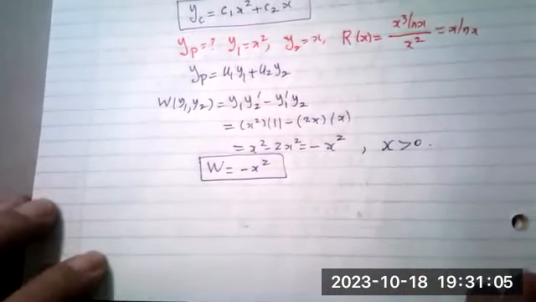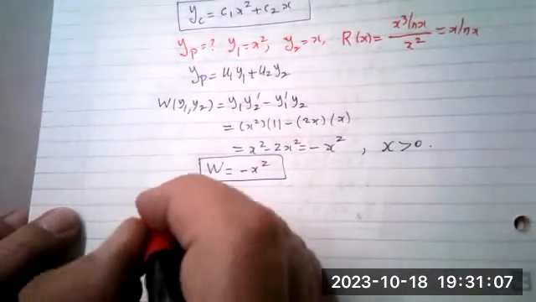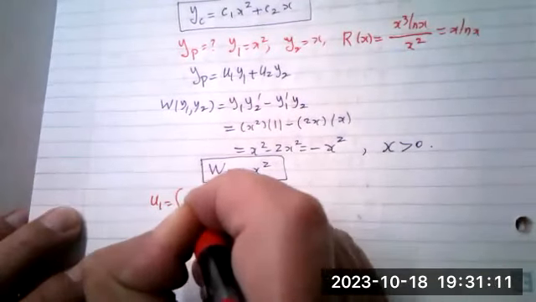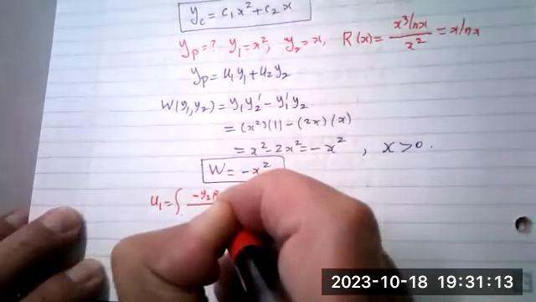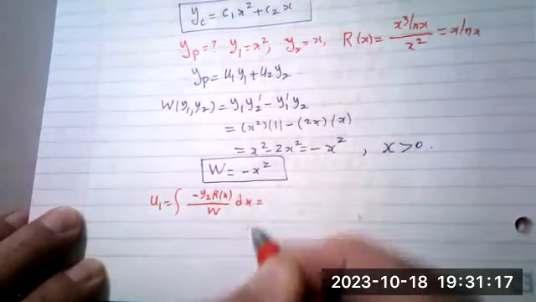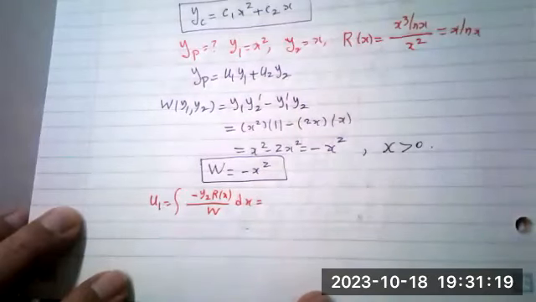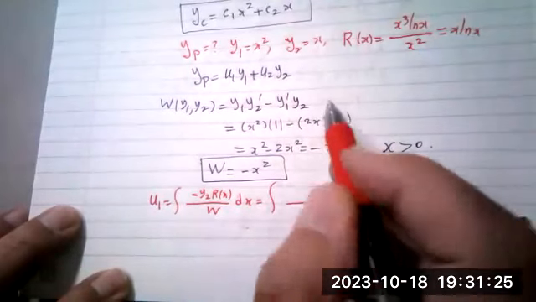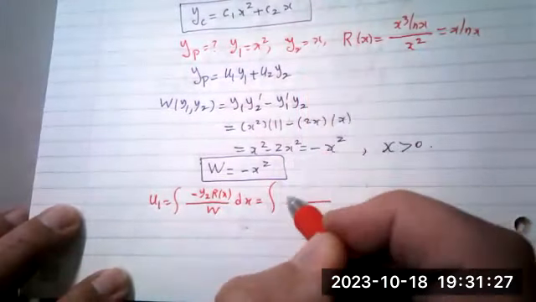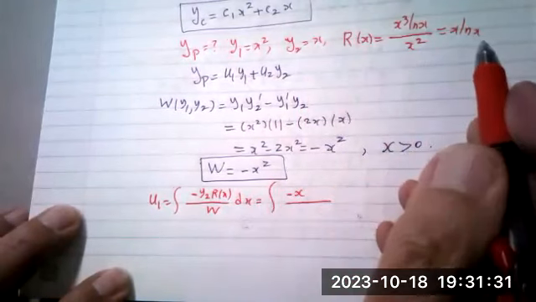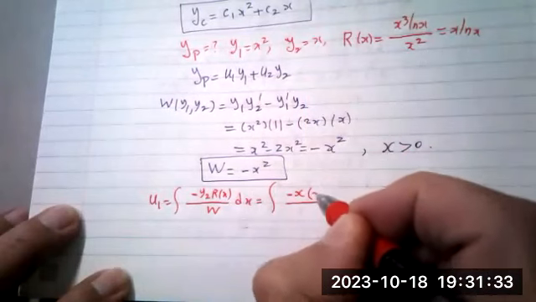Variation of parameters formula for the U1. So it's going to be U1 equal to the integral of negative Y2 R of x over the Wronskian dx. Substitute. So it's going to be negative Y2. Y2 is x, so negative x. R of x is x ln x.